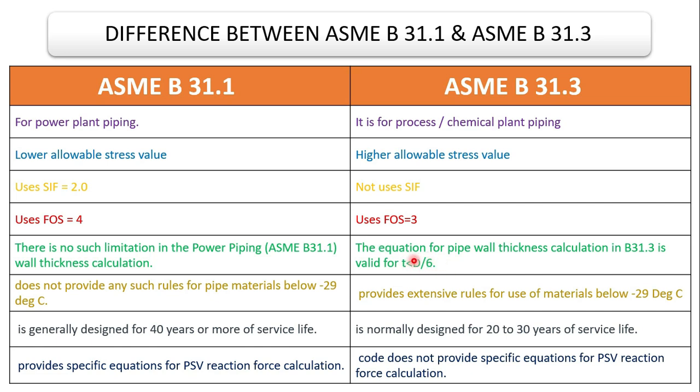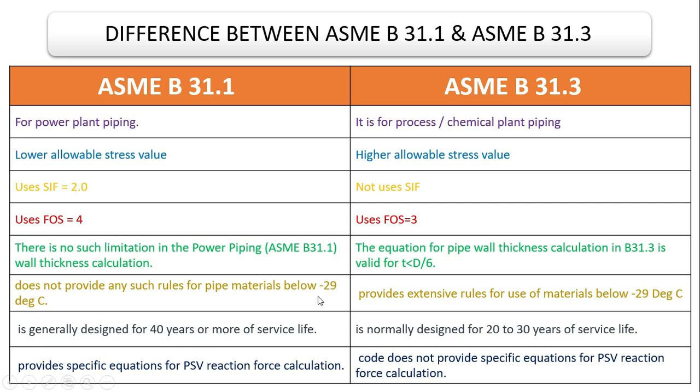So this we have discussed. B31.1 does not provide any such rule for pipe material below minus 29 degrees Celsius. This is not applicable, because in a thermal power plant higher temperatures are expected, and minus 29 is a sub-zero temperature which can never take place.